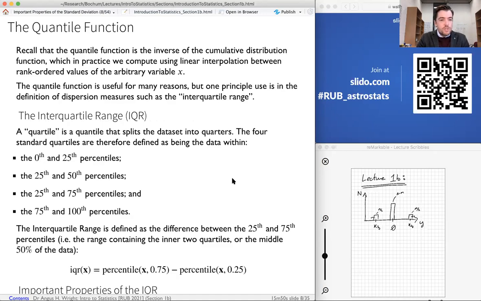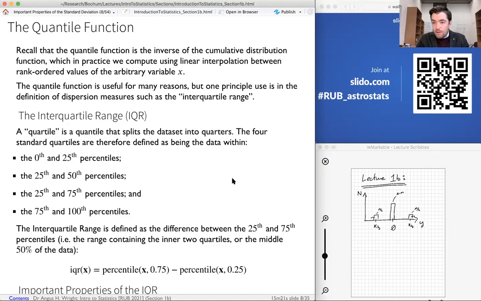One of the last things that we spoke about at the end of last week was the quantile function. You'll recall we looked at the cumulative distribution function, or rather the empirical cumulative distribution function, which was the way in which we essentially rank ordered the data and then calculated the percentage of data that sit at various values of x.